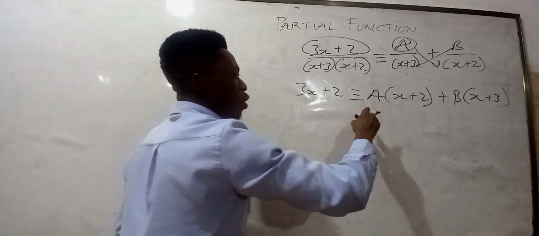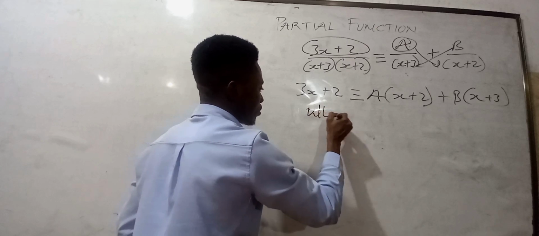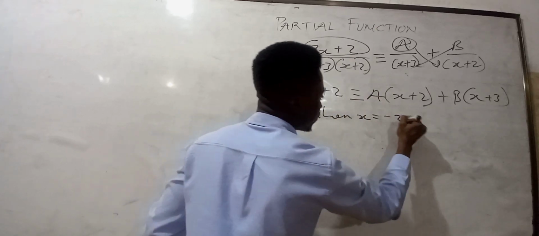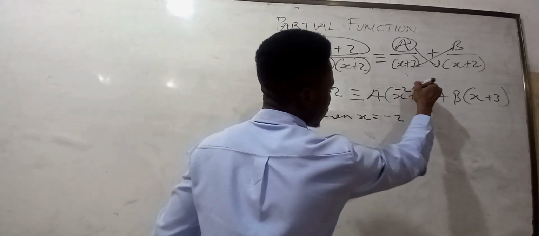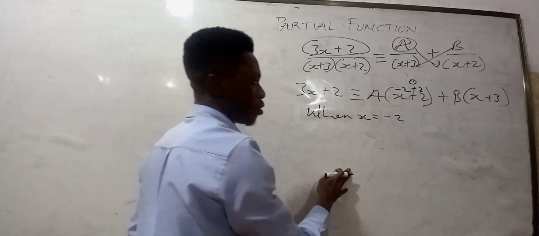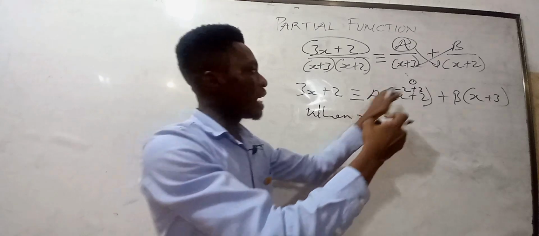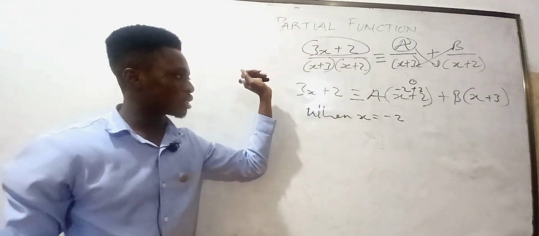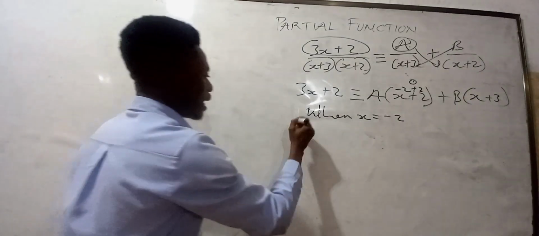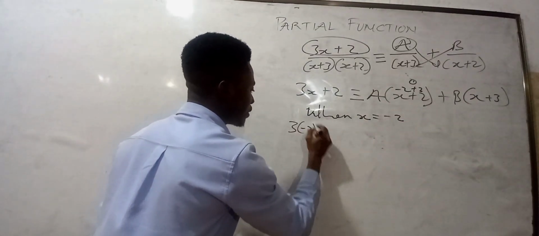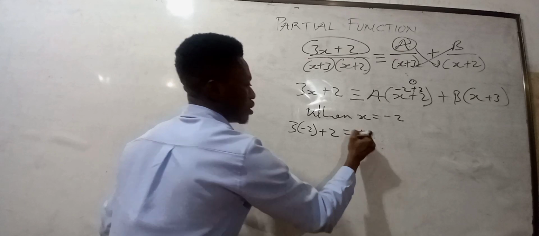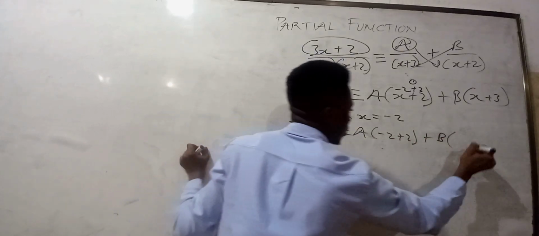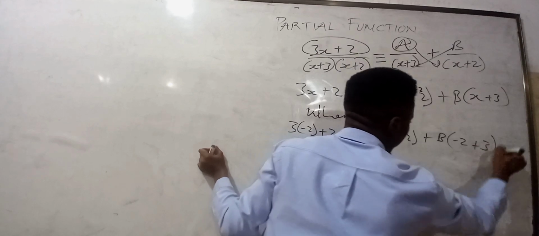So you know that when x is equal to -2, here will be -2 plus 2, which is 0. So A will be multiplying 0. Therefore A will be eliminated from the equation. So you get 3 into brackets -2 plus 2, which is A(-2 + 2) plus B(-2 + 3).